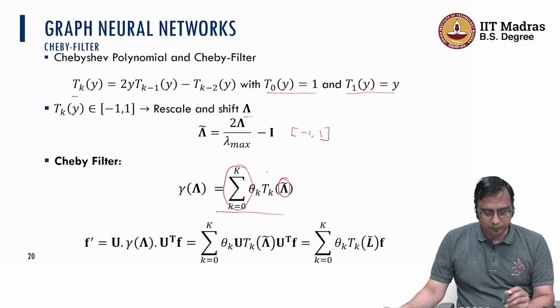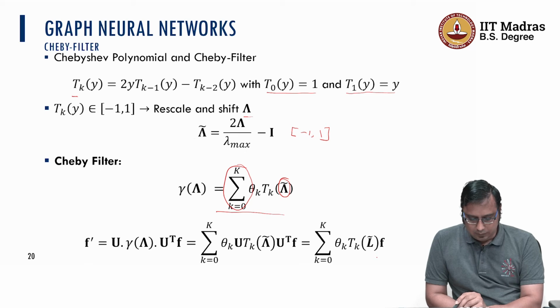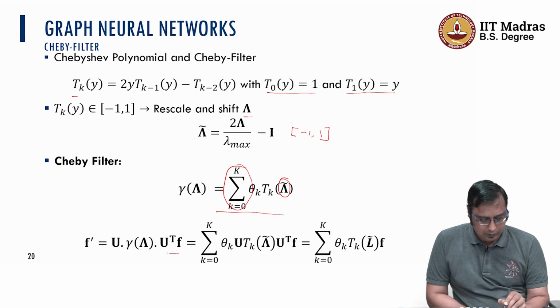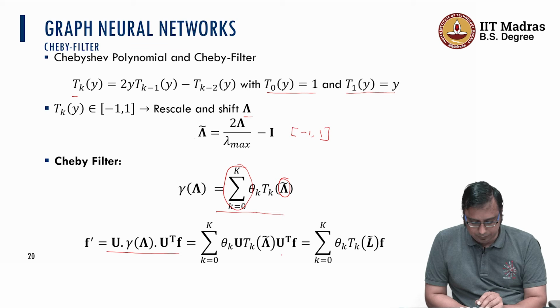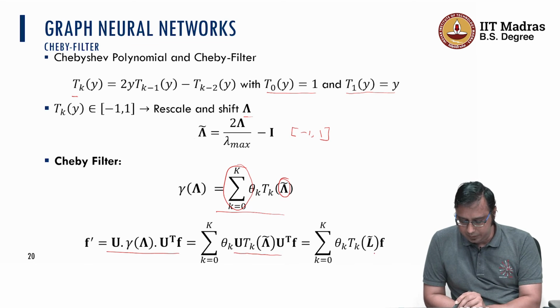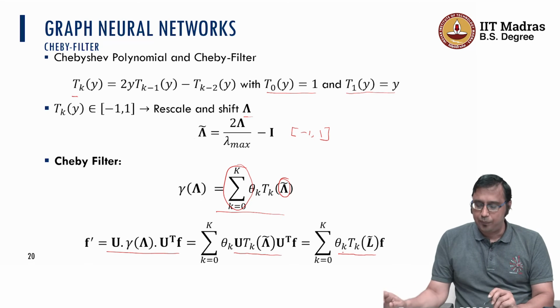Now, this again we can apply. This is our standard form. We substitute here our lambda and perform certain operations. It leads to this one, and under certain assumptions we can show that it is nothing but this particular form.